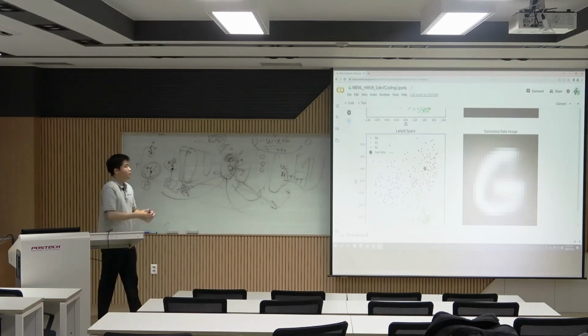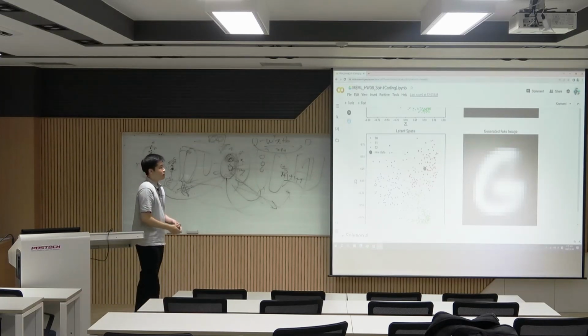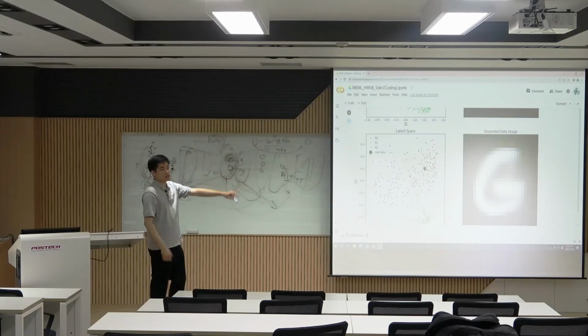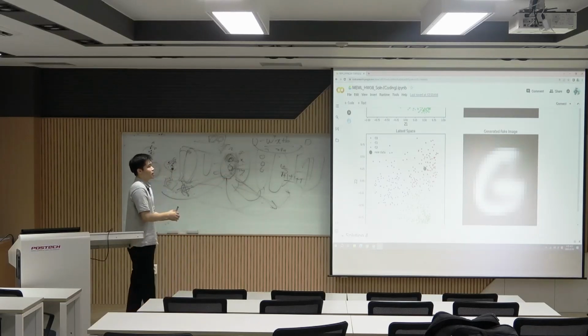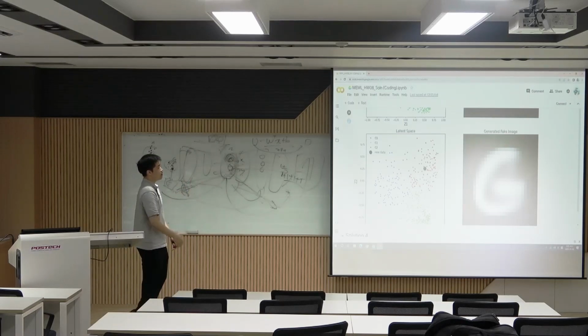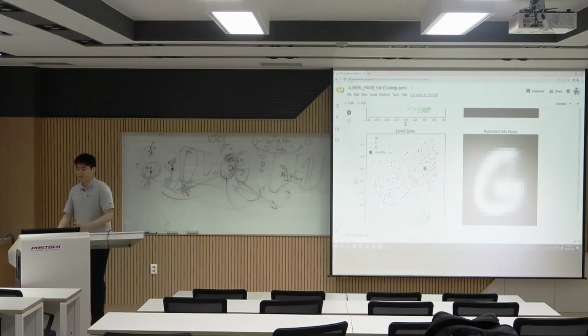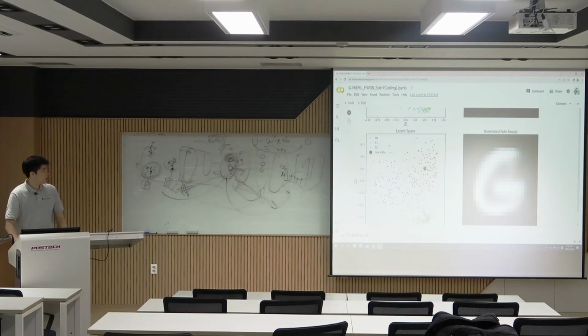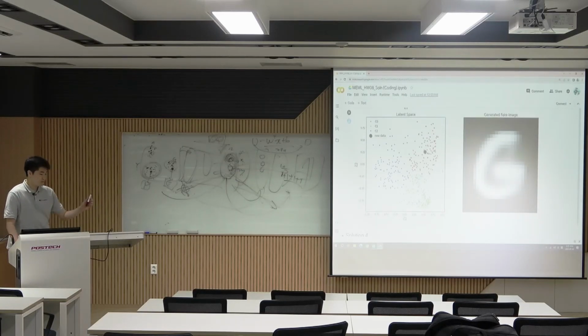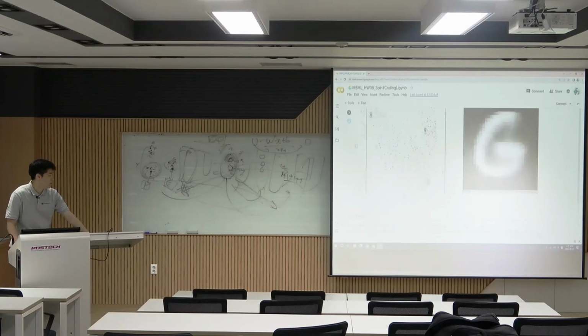This means that if we train the autoencoder very well and produce a fake image that is very close to the real image, we can increase the size of the data we have so that we can improve our classifier or regressor's performance. So this example shows that the autoencoder is good for dimensionality reduction and good for image generation or data generation, so that you can use it to improve your model performance.